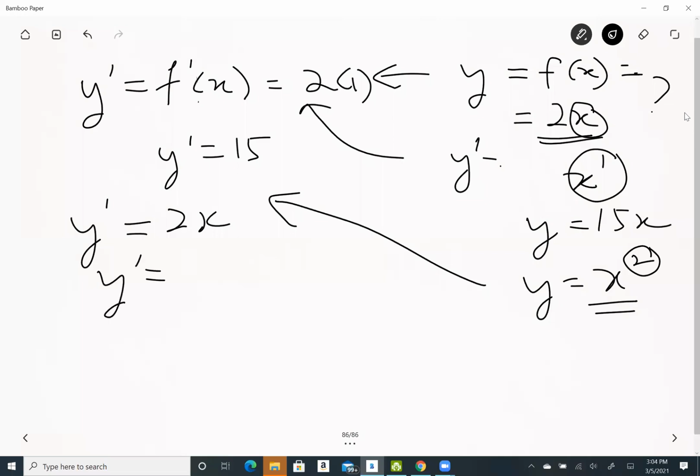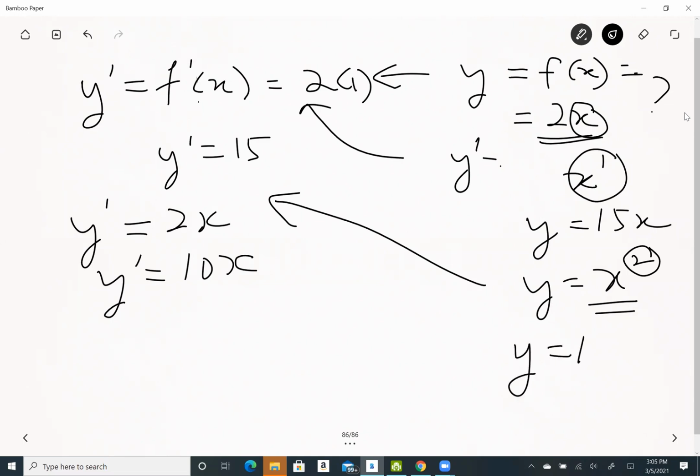Suppose y prime is 10x. Okay. So what is the derivative? Not what is the derivative. We know that is the derivative. So what is the function that if I differentiate, I got 10x? X to the power of 10. Okay.